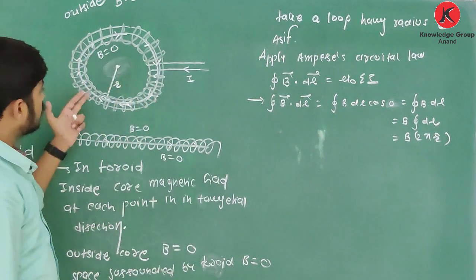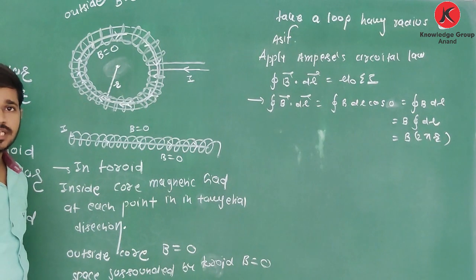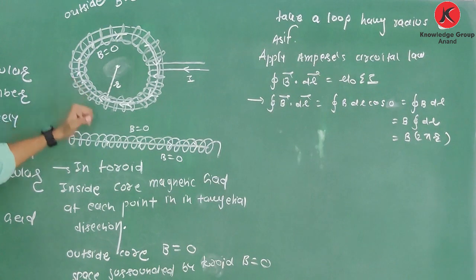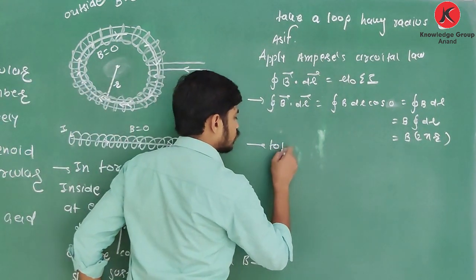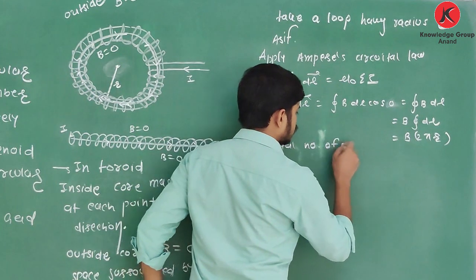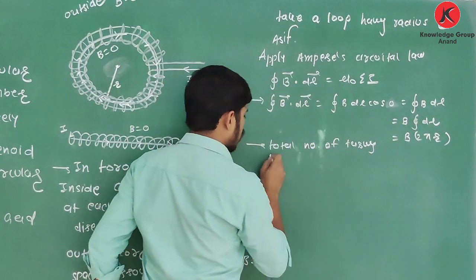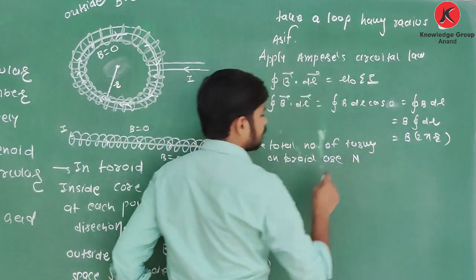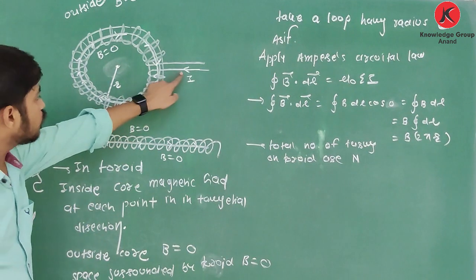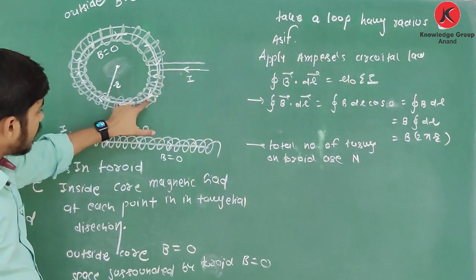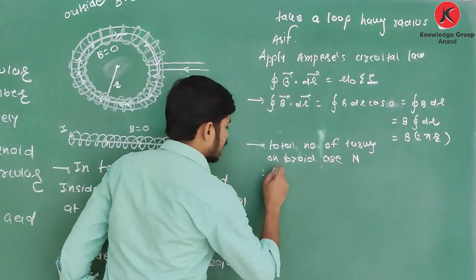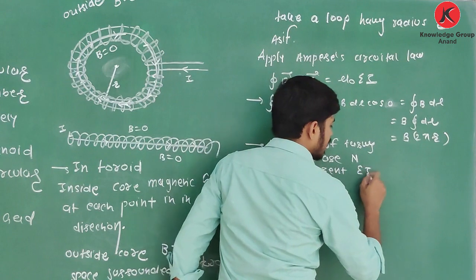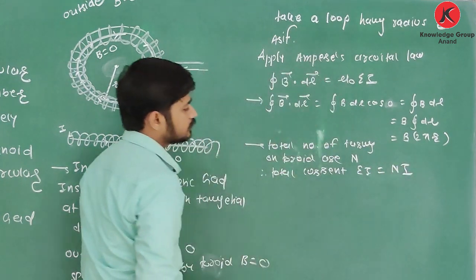Now, the number of turns. I am assuming the number of turns on this toroid is N. From each turn, the current flowing is I. So the total current, sigma I, is equal to N I. Clear about this?